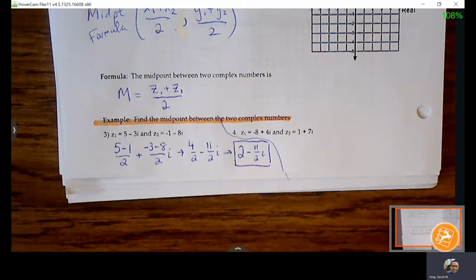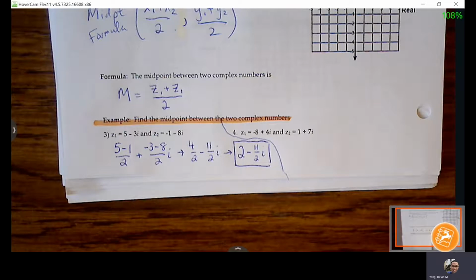Okay, try number 4. So add the real components together, divide by 2.